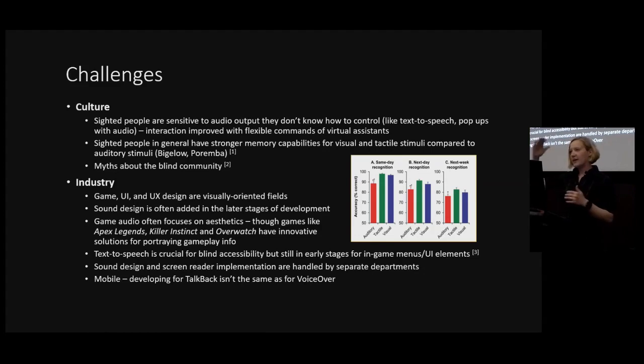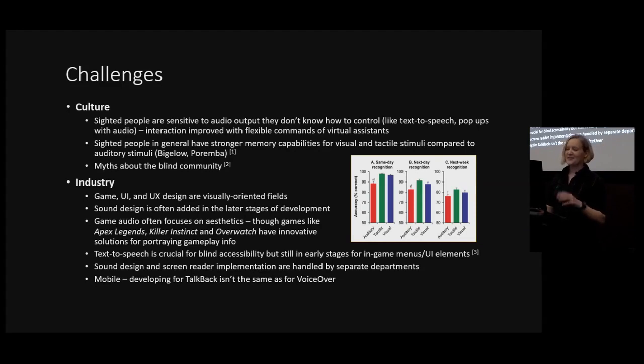And you will see comment after comment of people losing their minds because they didn't know how to turn off their text-to-speech on their phone or on Xbox. And even when you think of pop-ups, we can deal with pop-ups on web pages, but if that pop-up has audio with it, we lose our minds.